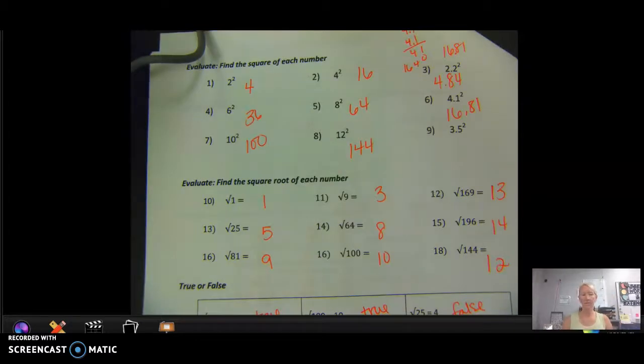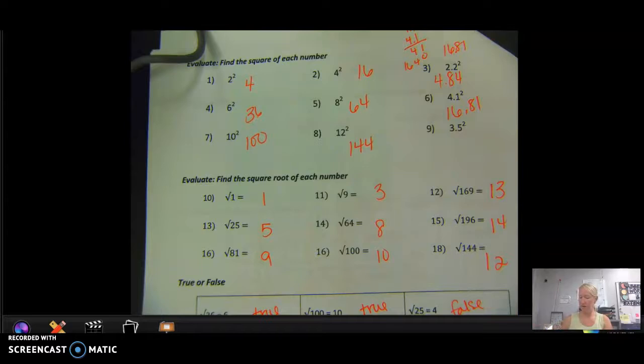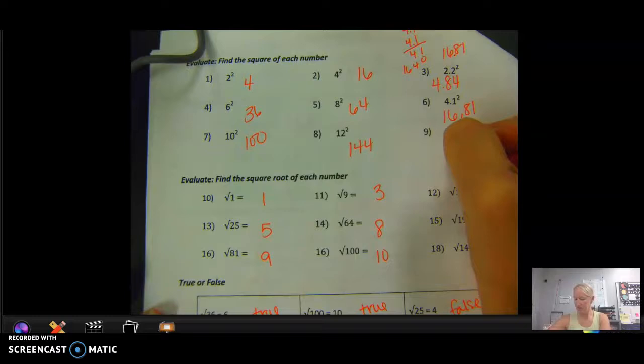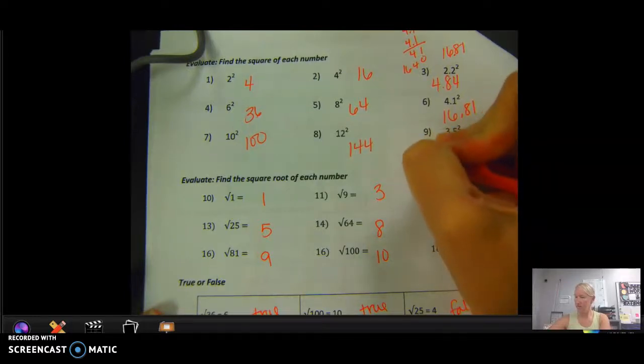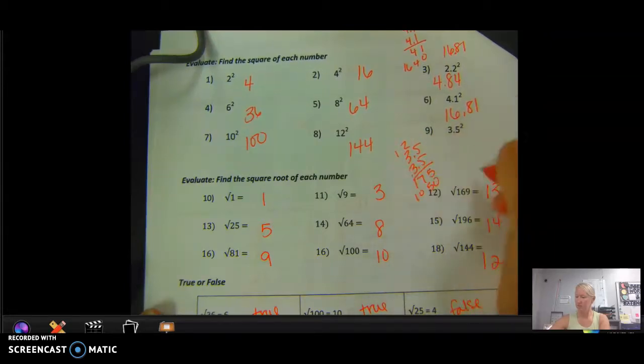All right, guys. So here are my answers. On these, I didn't do 3.5 squared. So that's like doing 35 squared. So 3.5 times 3.5. 5 times 5 is 25. Carry the 2. 17, 0. 15, carry the 1, that's 10.